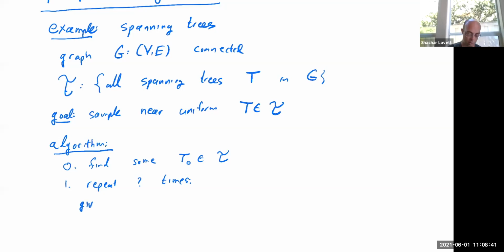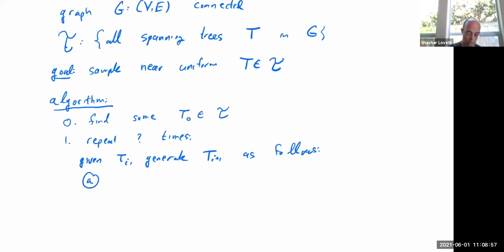Given Ti, we generate the next one as follows. A, we choose a random edge E in Ti and remove it. And then we complete it back to a spanning tree by adding another random edge that is valid.